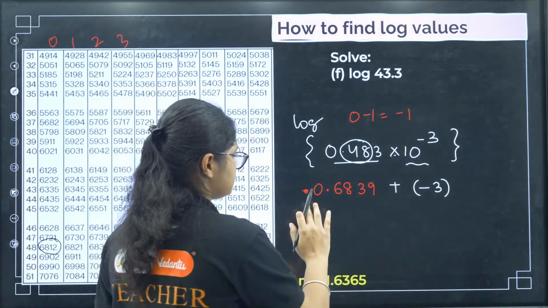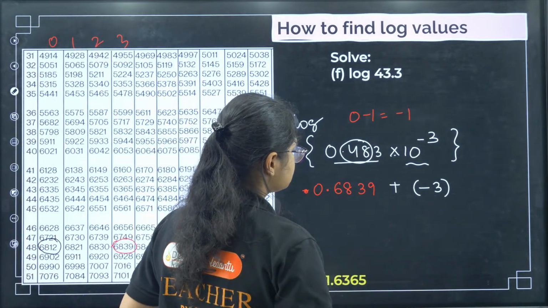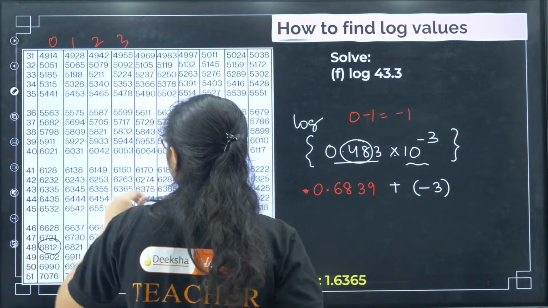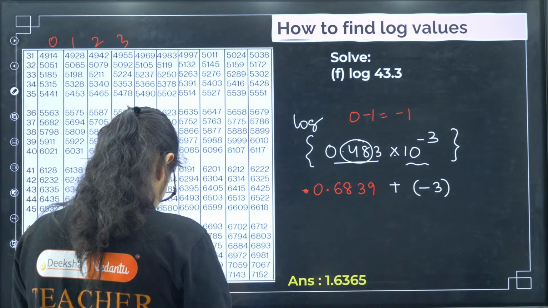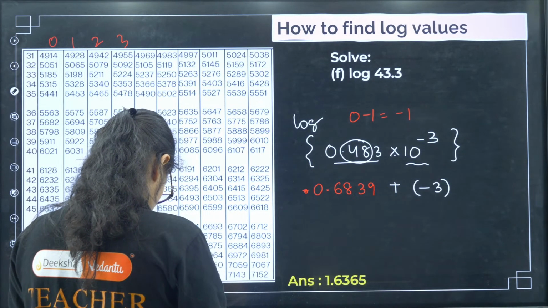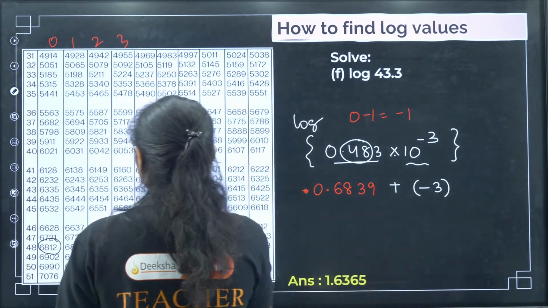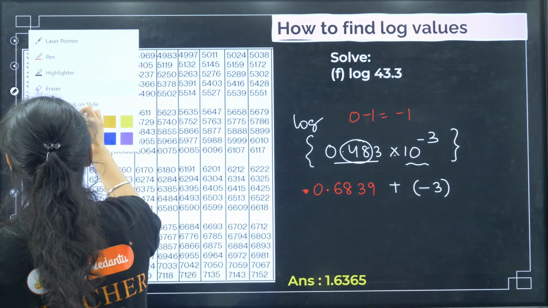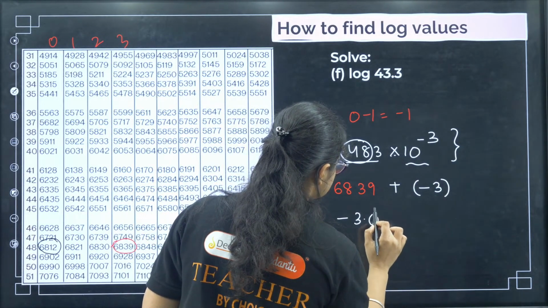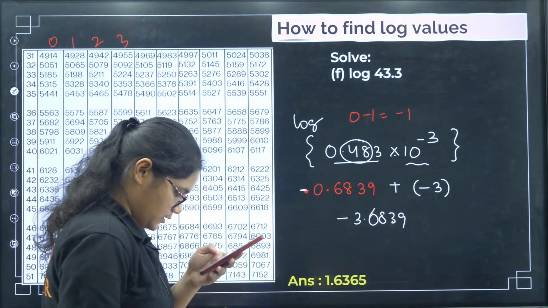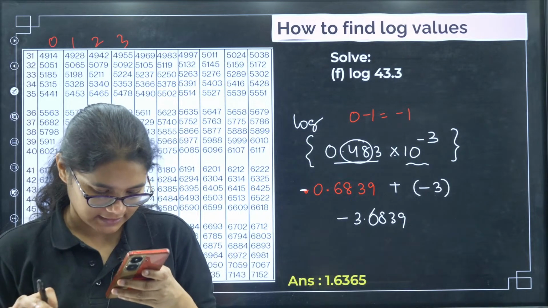Okay, I made a mistake here. This one is not minus 1. See how we were solving. Yes, minus 3.68, minus, you will get minus 3.6839. Yes, minus 3.6839. Sanjeev Ali is correct here.